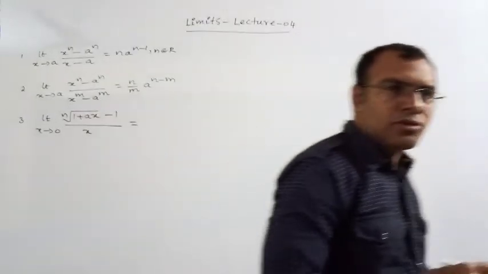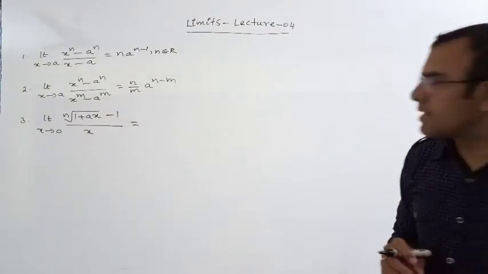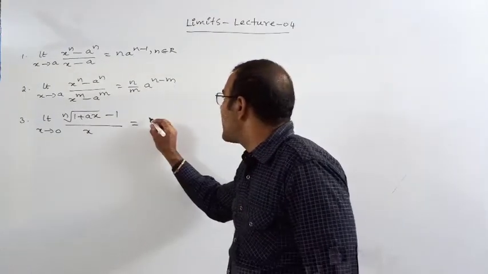Alright, and yesterday I proved another one. What is limit x tends to 0, nth root of (1 plus ax) minus 1, by x? This also I think I have solved. You see the notes. I think the answer of this question is a by n.